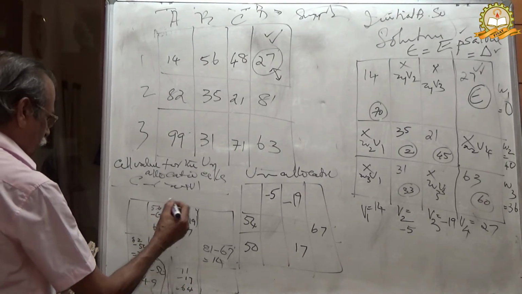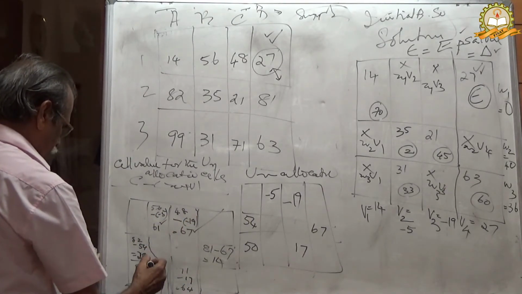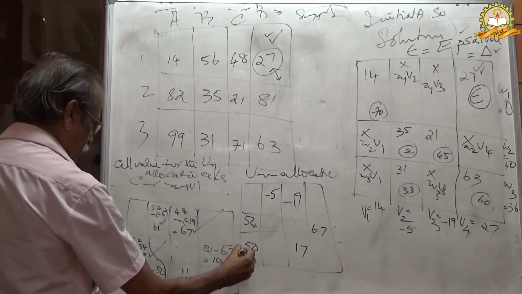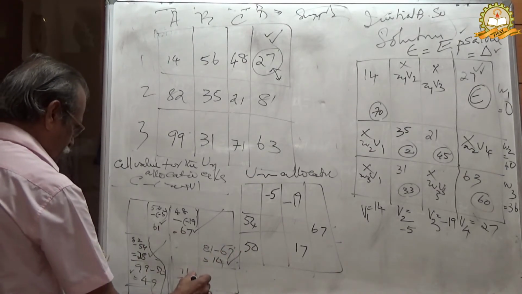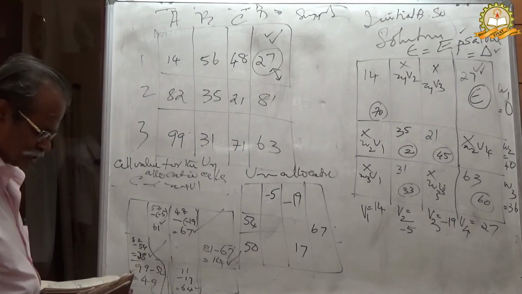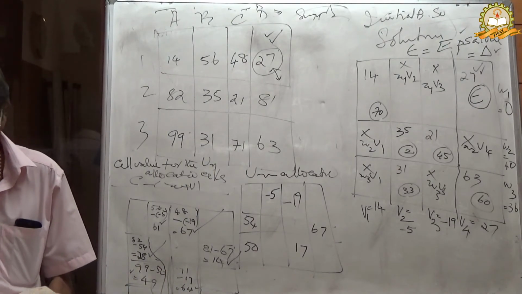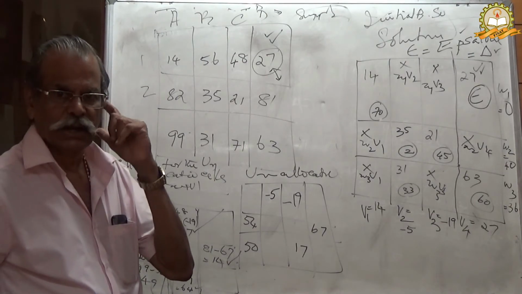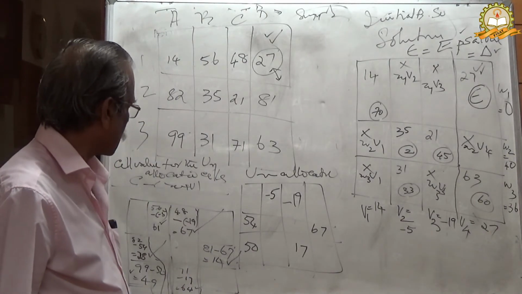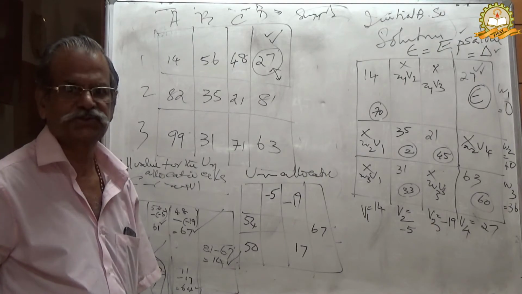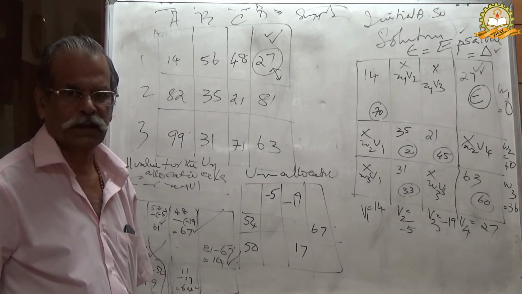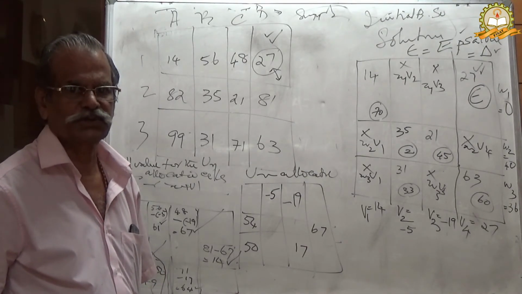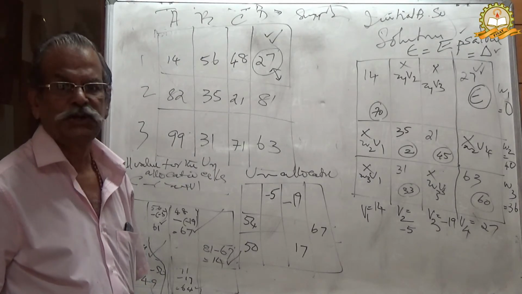Therefore, this is positive, here positive, here positive, here positive. Therefore, we observe here all the cell values under unallocated cells applying C minus of U plus V is positive.